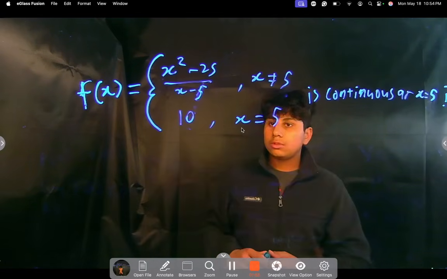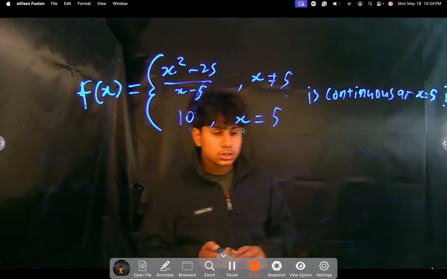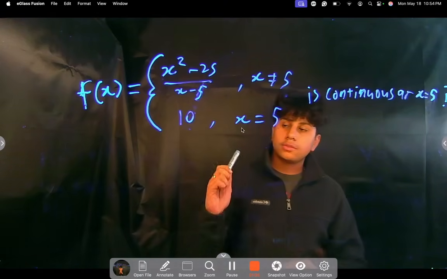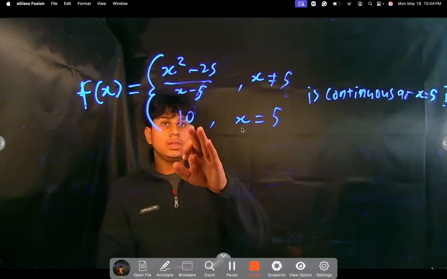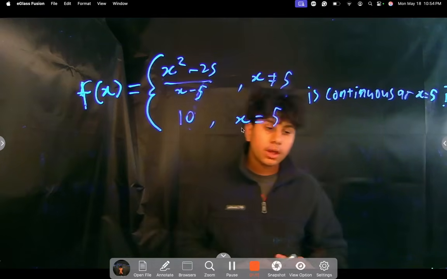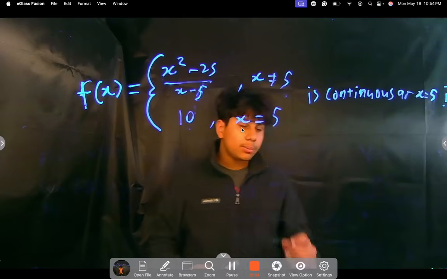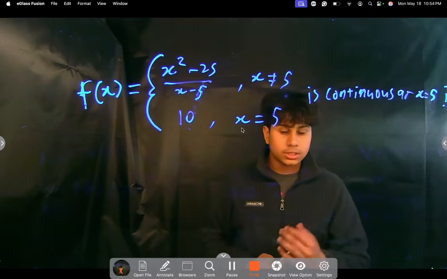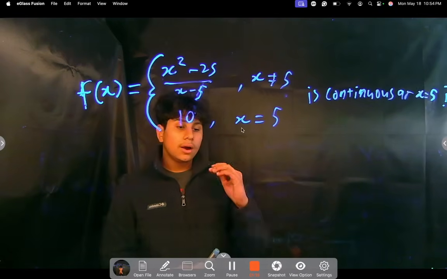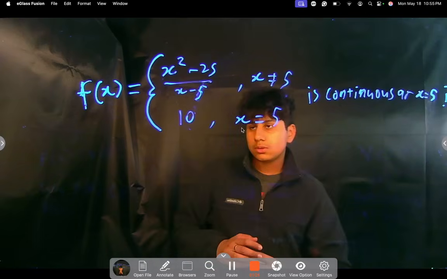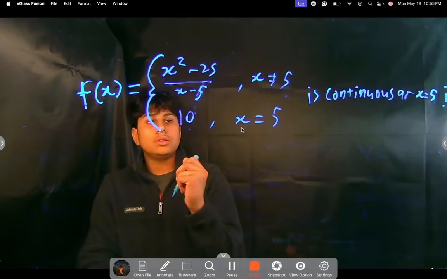Some of the criteria for being continuous that we discussed in the last video was that the value of f of x has to exist, the limit as x approaches that value has to exist, and those two values have to be the same. If those things are true, then the function is going to be continuous. So let's solve for it and see.